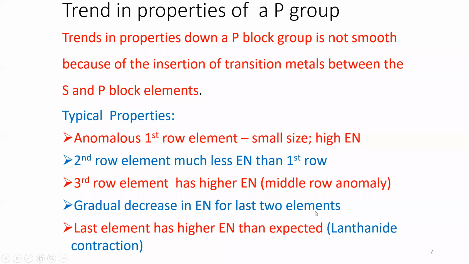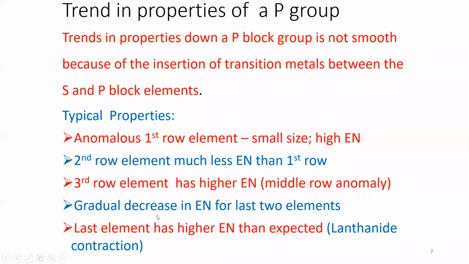The last two elements are usually metals. Like for your group 14, the last two elements are your tin and lead. For your group 15, the last element is your bismuth. For your group 16, we have your polonium, they are all metals.